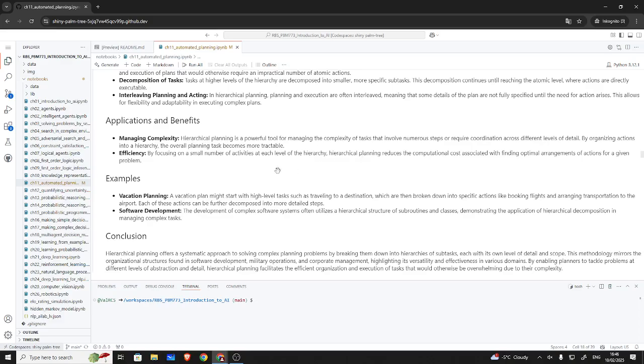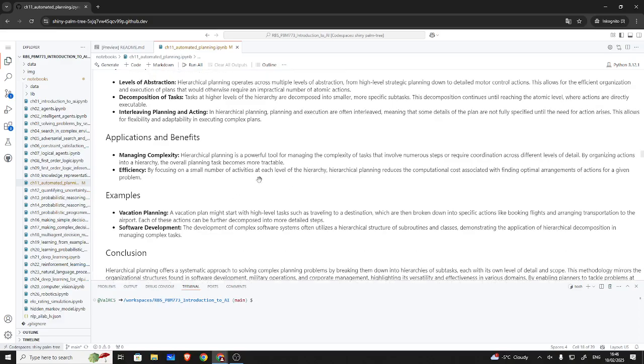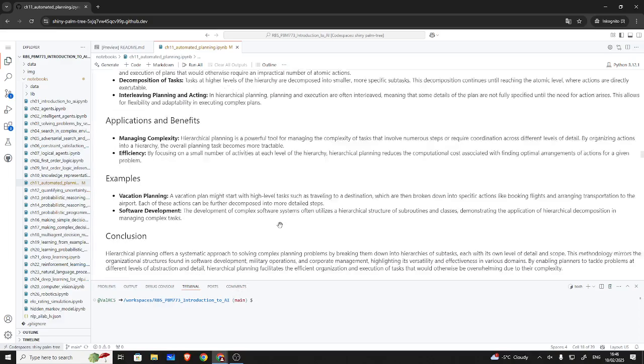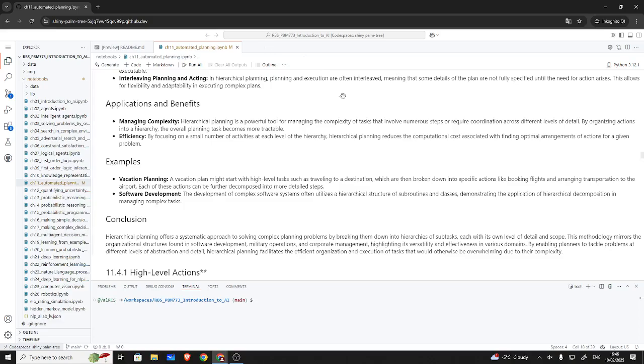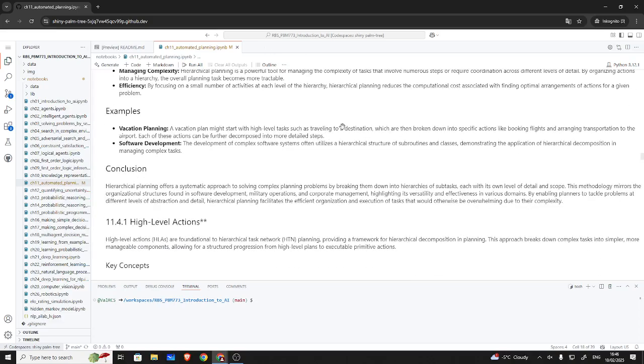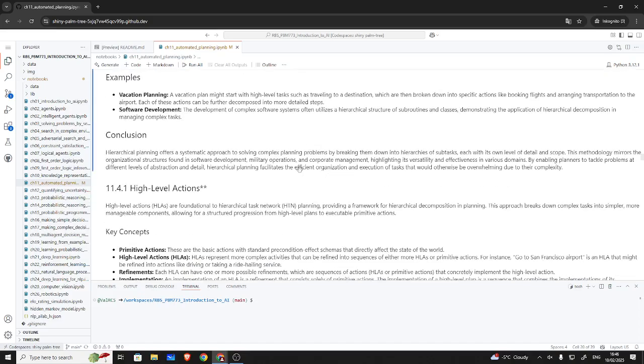Applications include vacation planning, and complex software also. Hierarchy: you break things down into subroutines and classes when you do your program planning. So, high-level actions are another formalism, another approach to writing down the problem, solving a problem by breaking it into smaller actions.